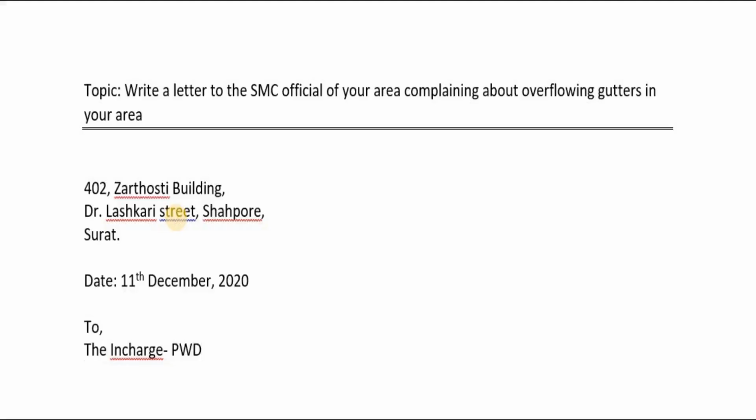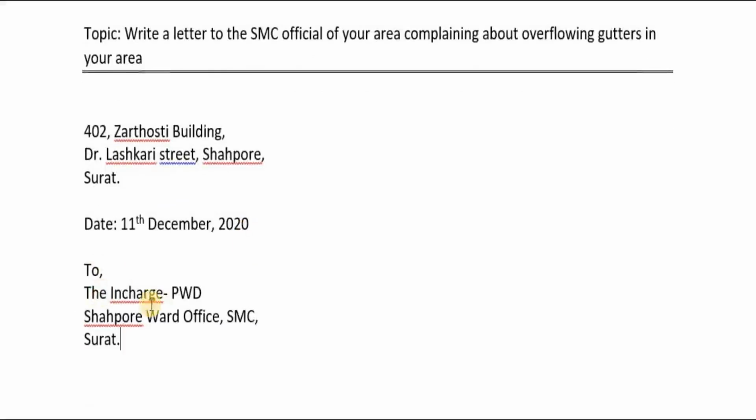So I'll live at Shahpur, so I'll write Shahpur Ward Office SMC and then city name. So see again in 3 lines I'm mentioning that person's address. To the, then designation, organization, right? Shahpur Ward Office SMC, that's an organization, and the city.